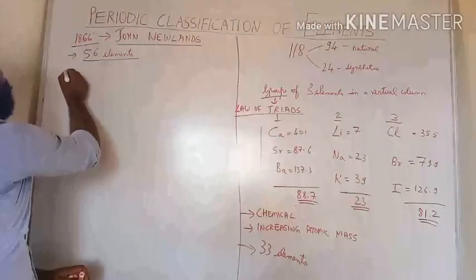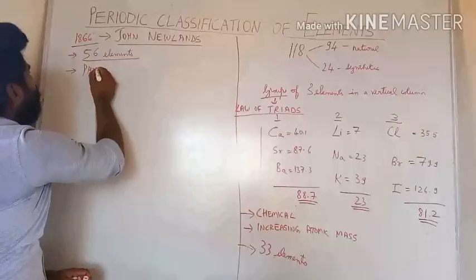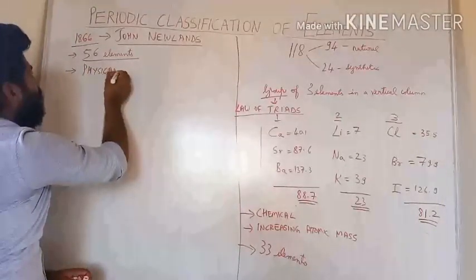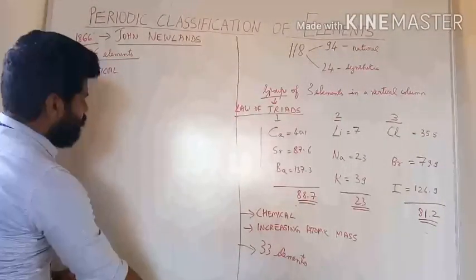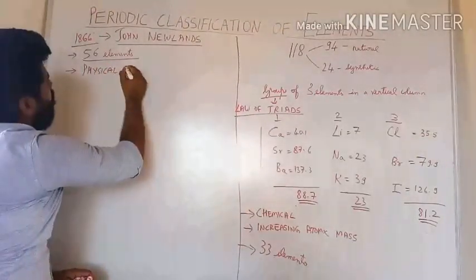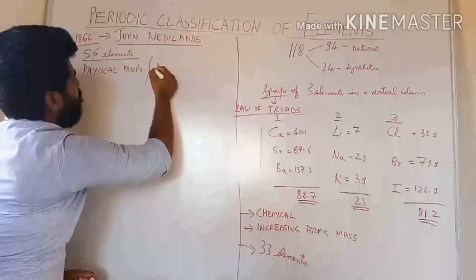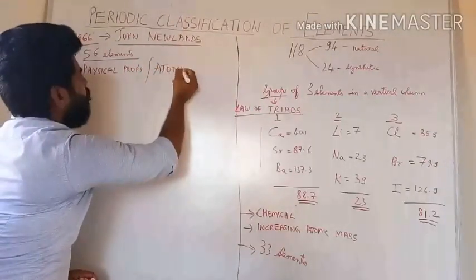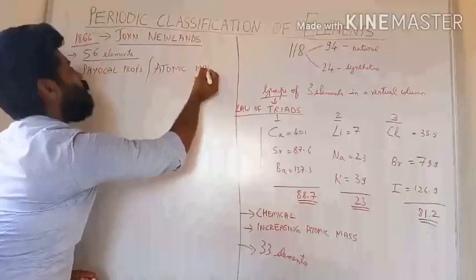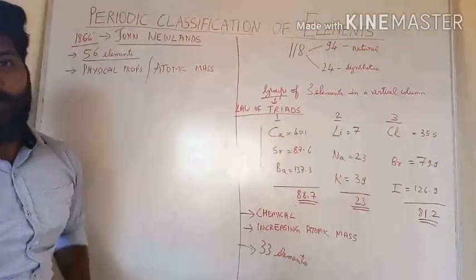He arranged the elements in the increasing order of atomic mass, and considered their physical properties. So atomic mass was used as a basis for classifying elements.